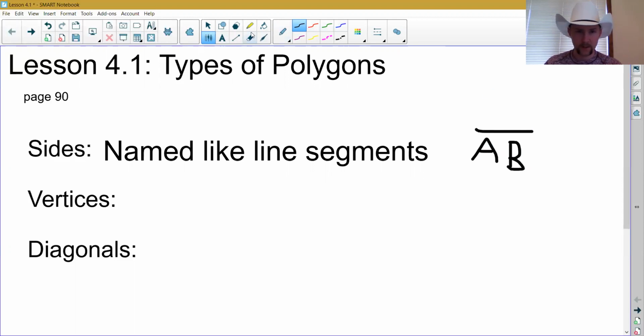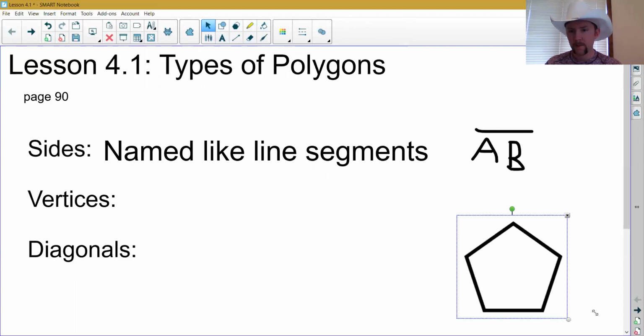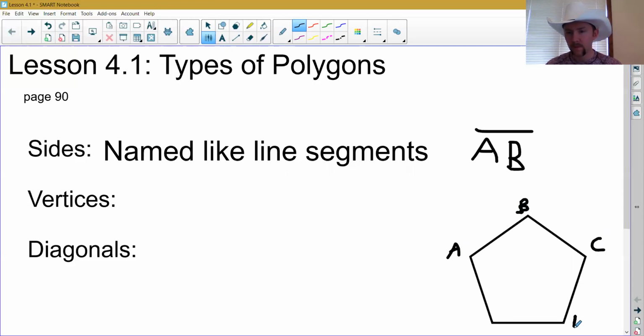Okay, in fact, why don't I give us a little shape up here? I'll give us a five-sided shape. I'll put it down here. Okay, here's our five-sided shape, and I'll put some labels on the corners. We'll go A, B, C, D, E. Okay, there's my five-sided shape, my five corners.